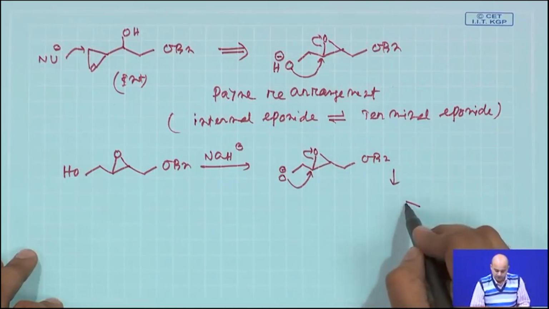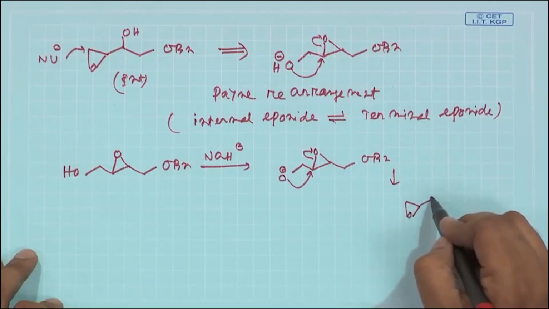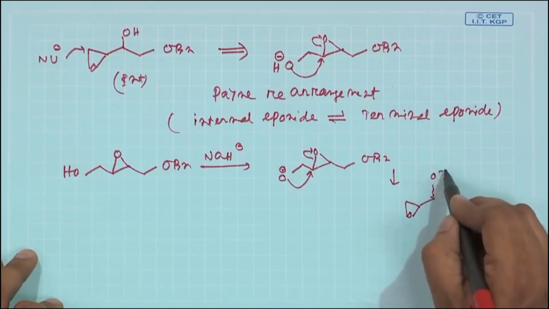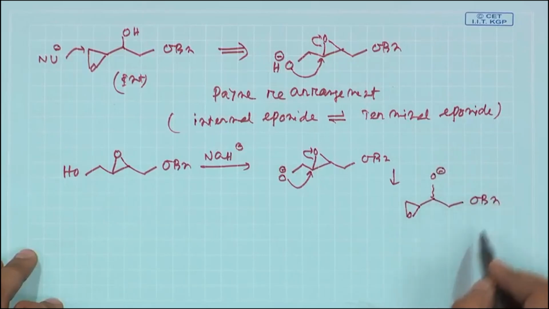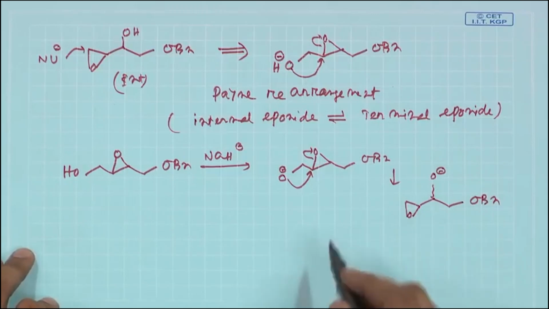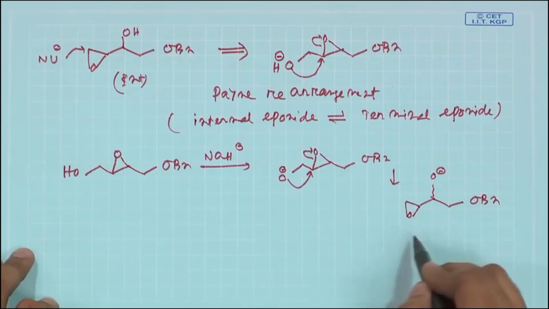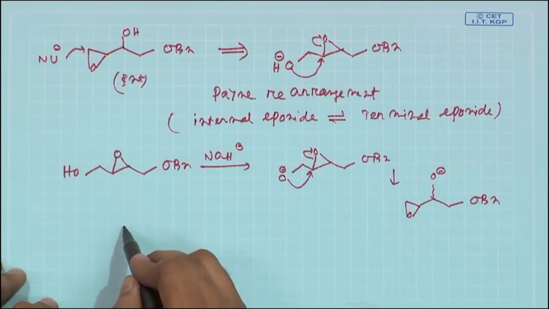So, basically you will now get a terminal epoxide. Now, on this terminal epoxide, your O minus is here and CH2OBn is here. Now, if you treat this terminal epoxide with an external nucleophile which can also give you an extra carbon.